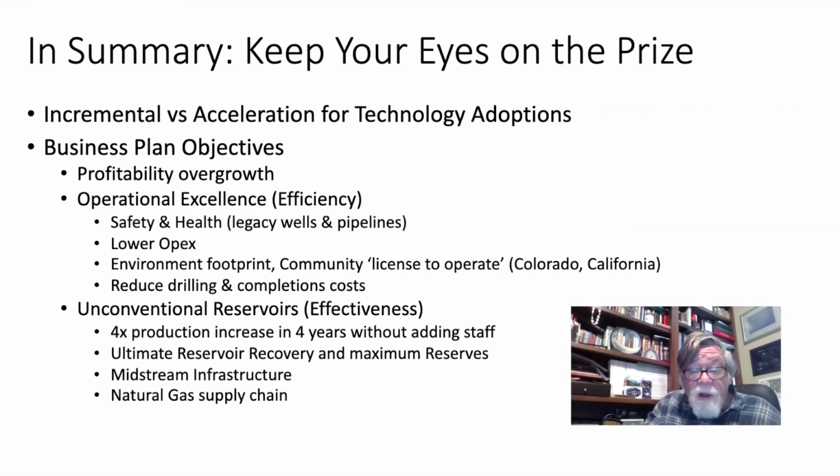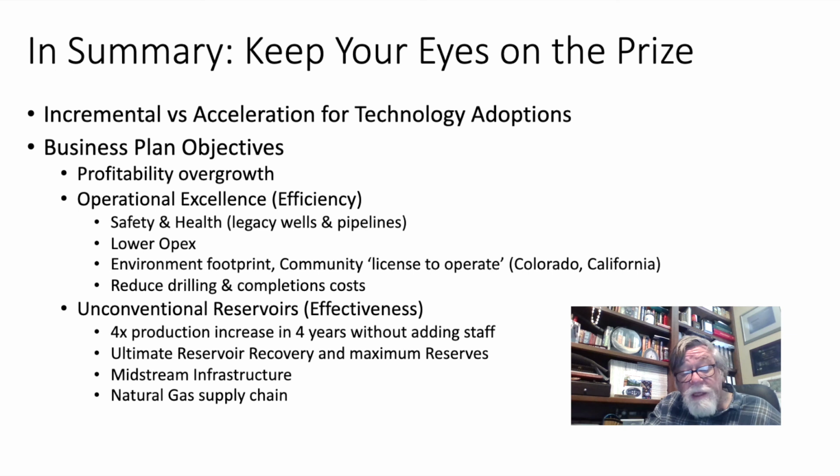The unconventional reservoirs and effectiveness, many companies have been talking about very significant production increases in a short period of time without adding a lot of staff. The doing more for less mantra that we began this whole lecture about. And we really need to look at the ultimate recovery, not just that short IP growth that we're talking about.